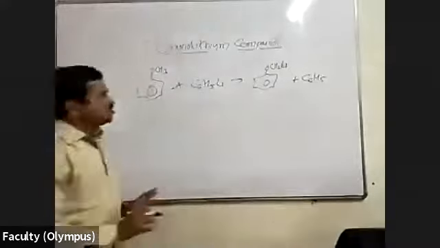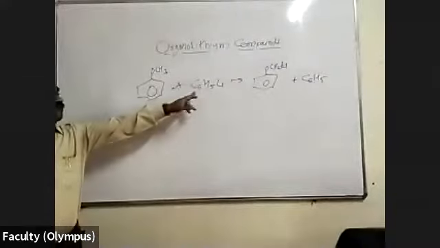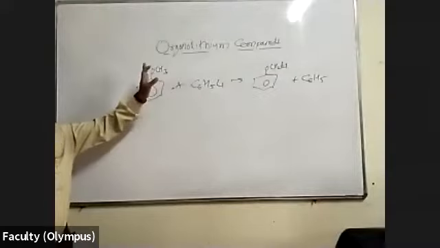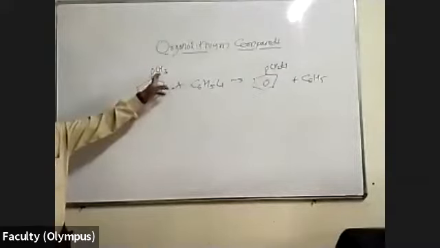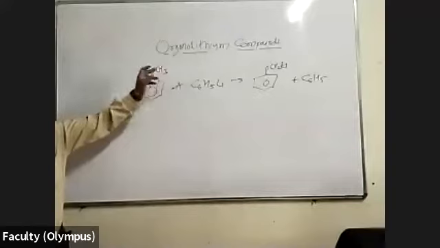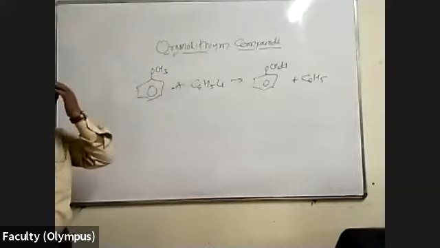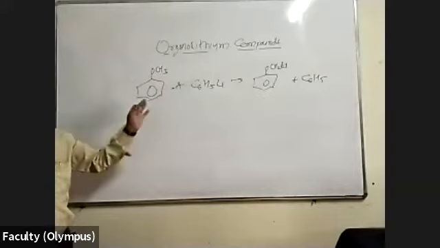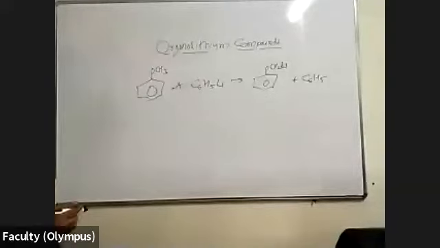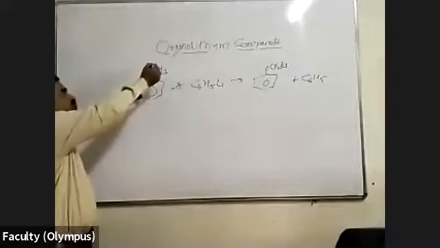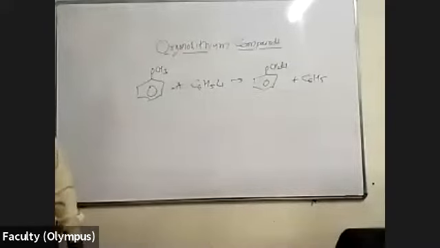In all these cases, the lithium from the phenyl group gets attached to the active methylene group. Active methylene group means CH3, CH2, whatever that group may be, should be attached to some electronegative group or some aromatic system, so that the negative charge formed here can be stabilized.